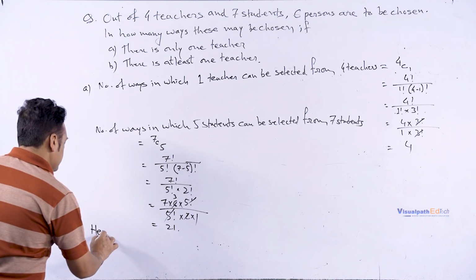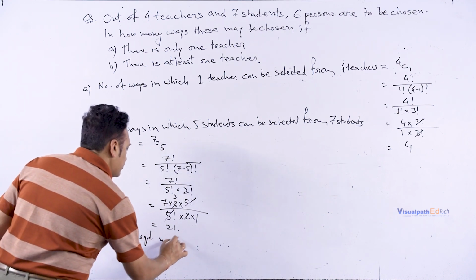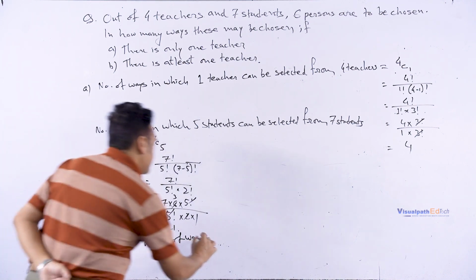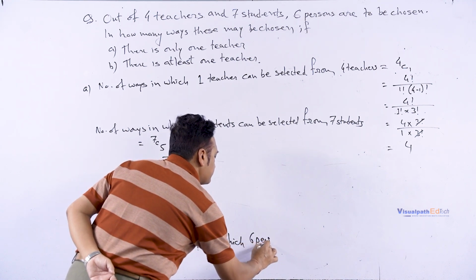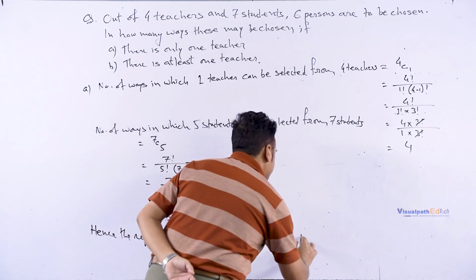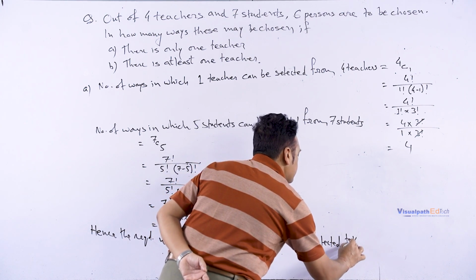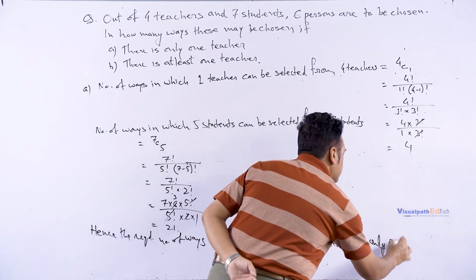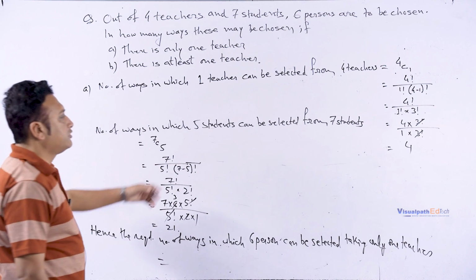Hence, the required number of ways in which 6 persons can be selected taking only one teacher will be equal to the product of these two.